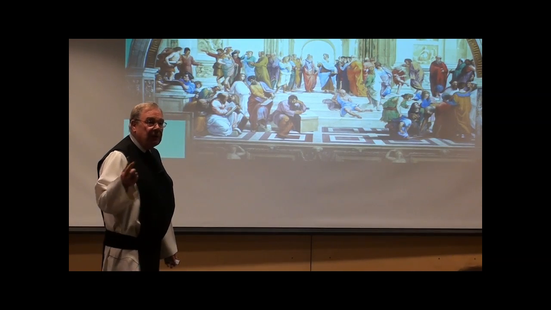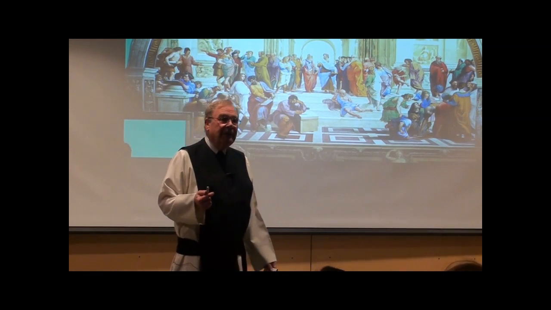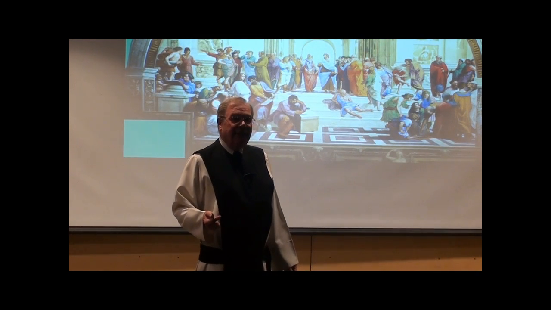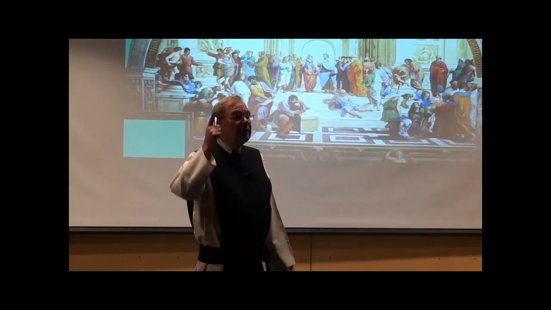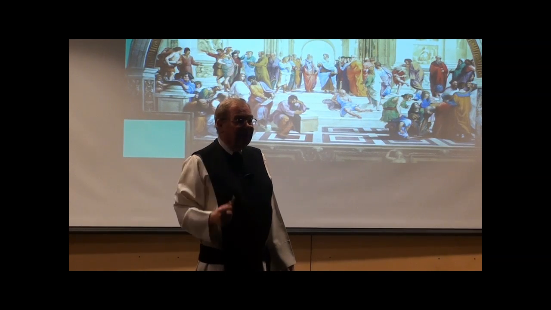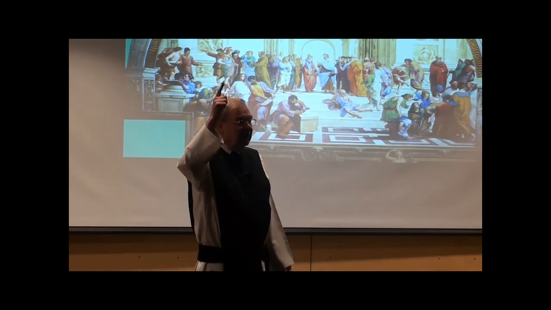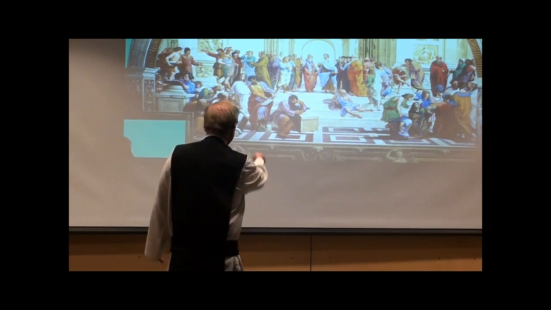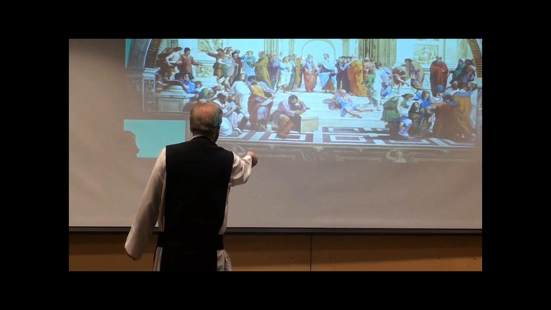You've all read the Republic in your Phil and Eth courses, haven't you? Do you remember? It points up to the world of the forms. You climb the divided line, you get out of the cave, and you go up to ultimately the good, and it's up there. That's what he's pointing to.